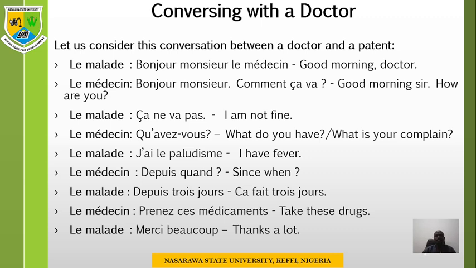Since when? You know, doctors normally like to know when you started having some symptoms. Le malade: Depuis 3 jours. Or, ça fait 3 jours. Since 3 days now, or it is now 3 days.